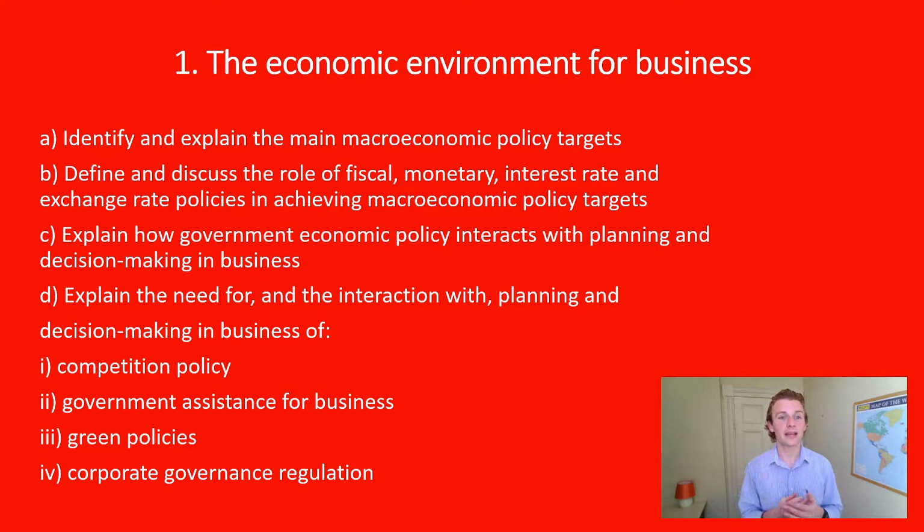Looking at part D on here now, we have explain the need for and the interaction with planning and decision making in business of. So we've got on here key areas such as competition policy, government assistance for business, green policies, corporate governance regulation on there. So all fundamental areas, but again, linking into planning and decision making.